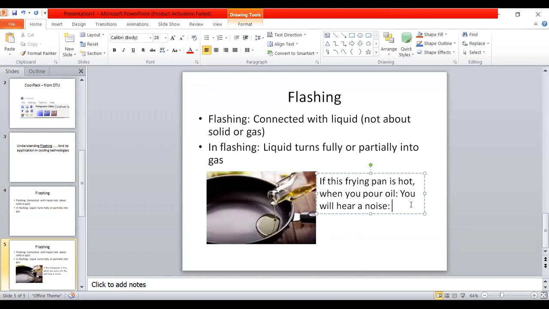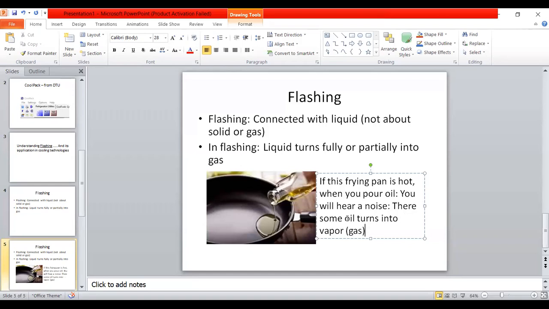That is flashing. There, some oil turns into, not to say just vapor form, but some oil turns into vapor or gas, partially.